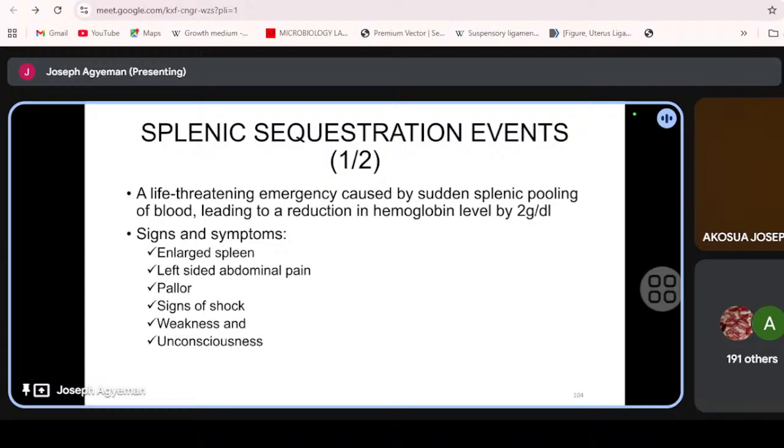With aplastic event, typically caused by parvovirus infection because the patient has reduced immunity, this virus attacks your bone marrow and the hemolysis will occur, but you cannot produce enough reticulocytes. Why? Because the bone marrow is destroyed.